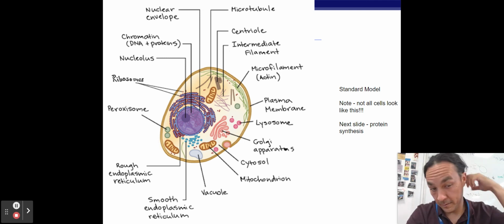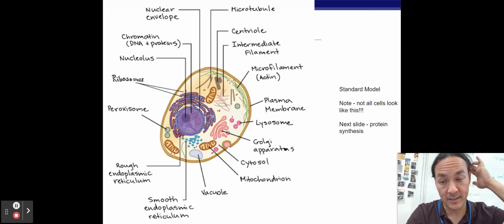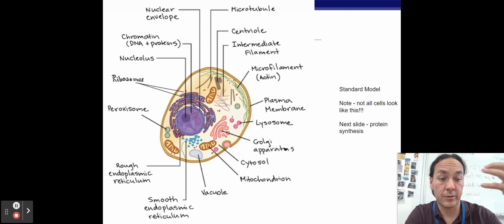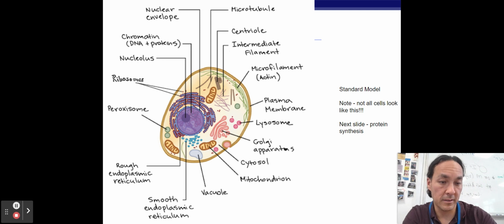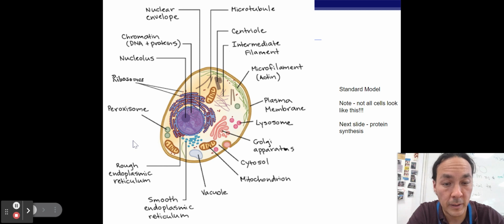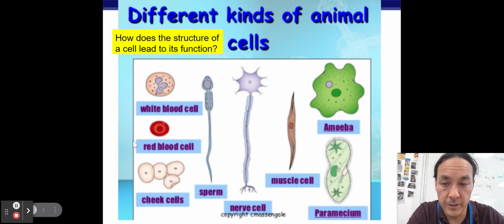This is good to know, but not all cells look like this, right? Your warm-up in class today was to look at different cell types and note how the structure of an actual cell might lead to its function, like a muscle cell, what it looks like compared to, say, a red blood cell or an intestinal cell or a nerve cell. They look quite different, which is right here. So here would be an example.